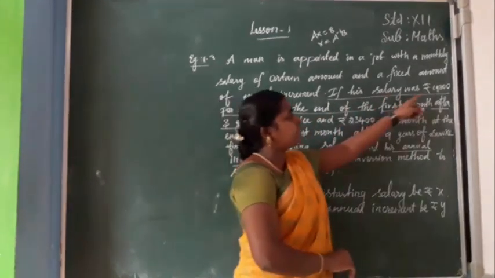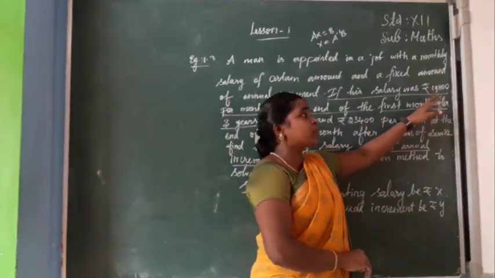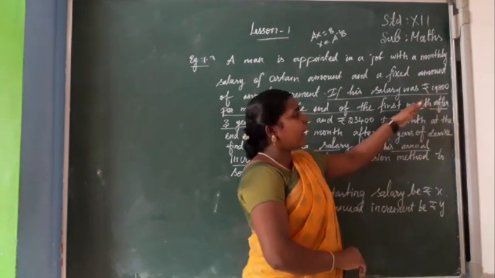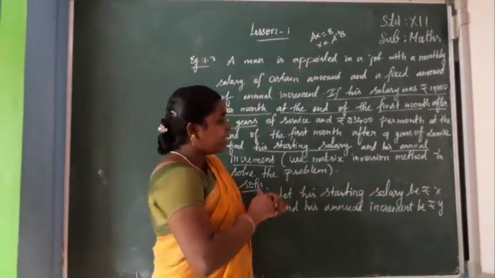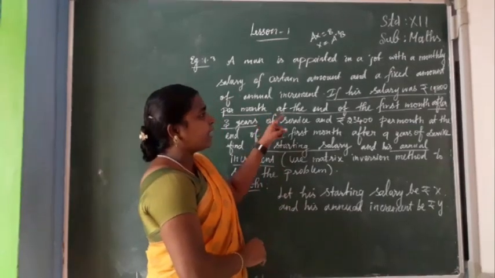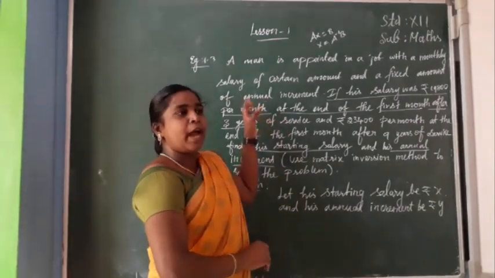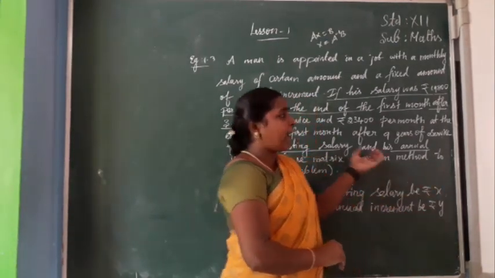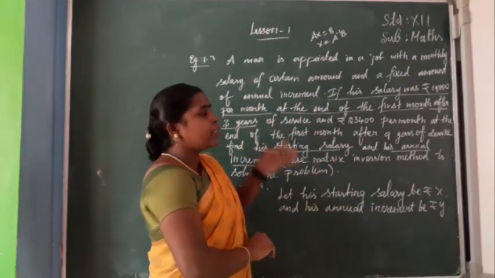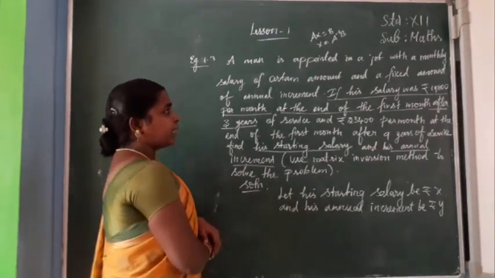After 3 years, he is getting the salary 90,800. So we can write the condition. First there is a starting salary, one amount. After 3 years, each year they are giving one increment. The increment I have taken is y. Then after 3 years means 3 into y, that is 3y. That is the first condition.